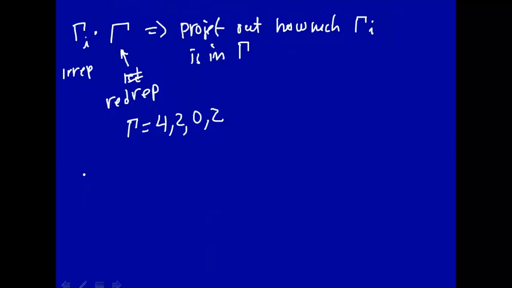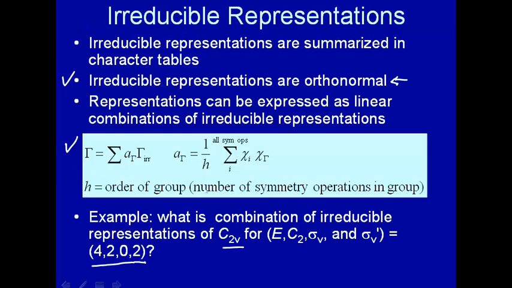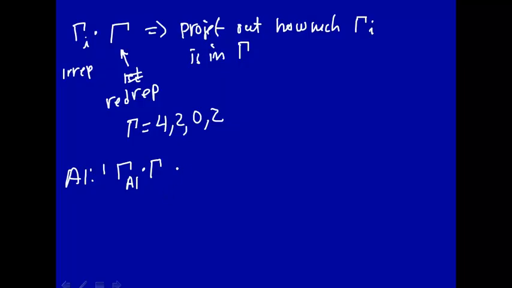A1 will take the irreducible representation corresponding to A1 and we'll multiply that by the reducible representation. And then of course we'll have to normalize it, so it's 1/4, the number of symmetry operations in the group. So for the C2V, that's equal to 1/4. And I should put 1 over h here, where h is the number of symmetry operations, to be absolutely precise.